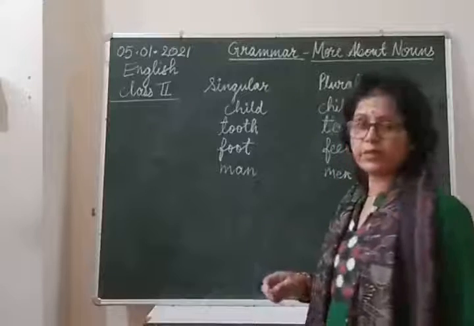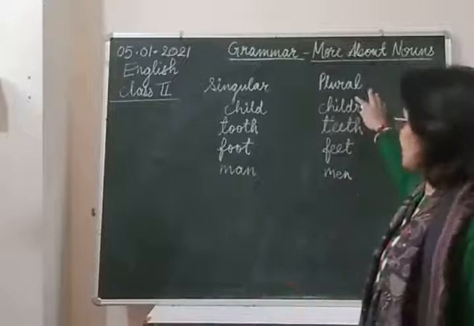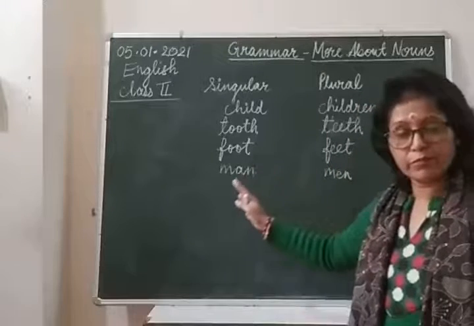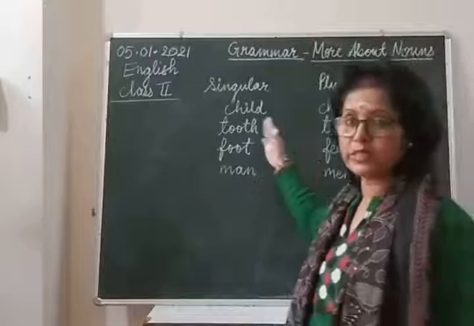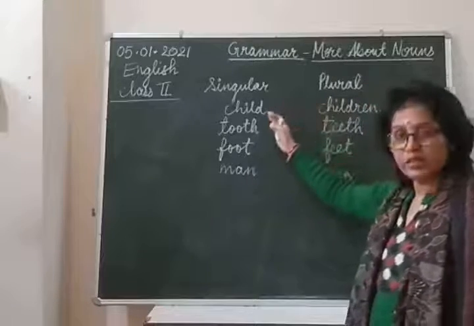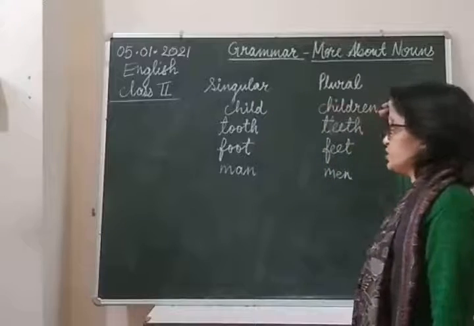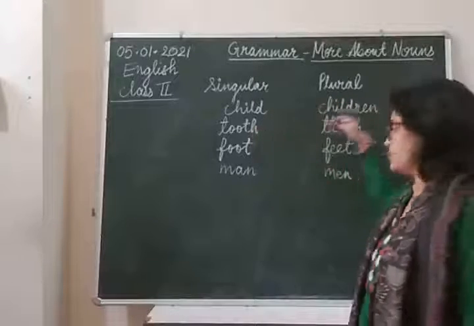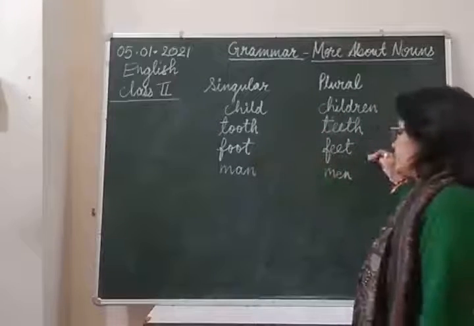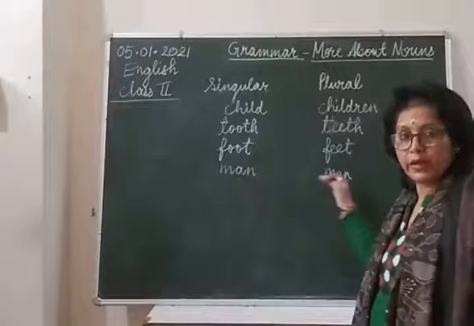You can notice that the whole spelling is changed when we are forming the plural of these nouns. The spelling is completely changed. Here child and here it becomes children. Here it is tooth, here it becomes teeth. Here it is foot, here it is feet. Then man and men.